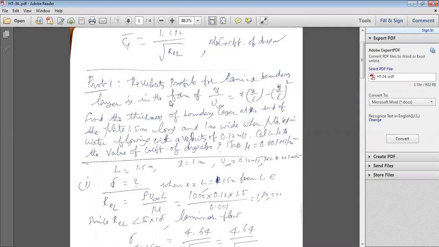By assuming it is parabolic in nature, yesterday we arrived at the equation u by u free stream is equal to 3 by 2 y by delta minus 1 by 2 y by delta cube. That equation changes slightly based on the nature of the velocity profile.